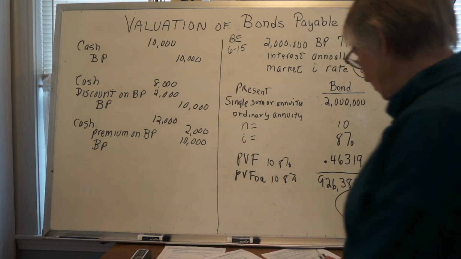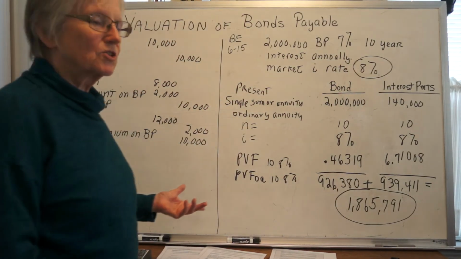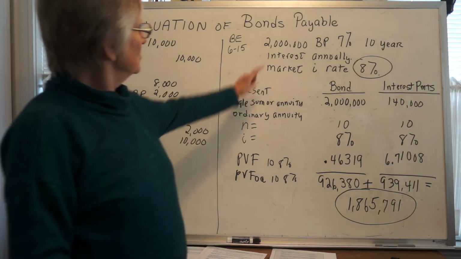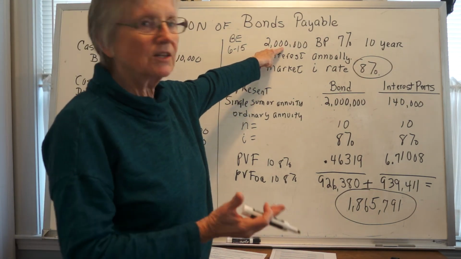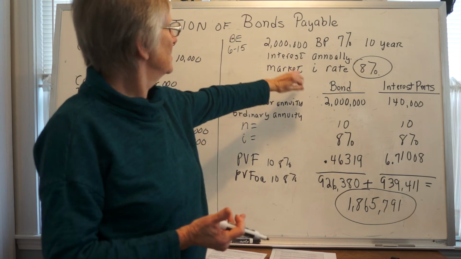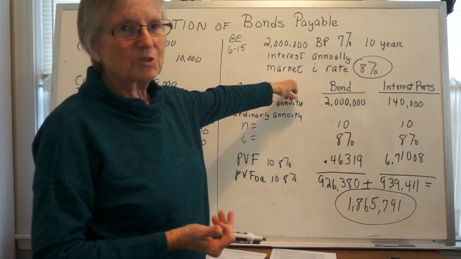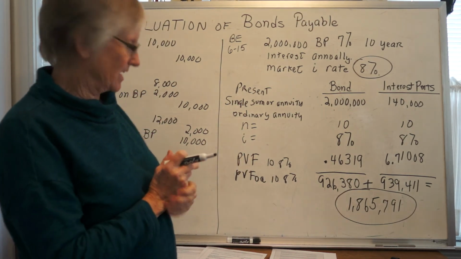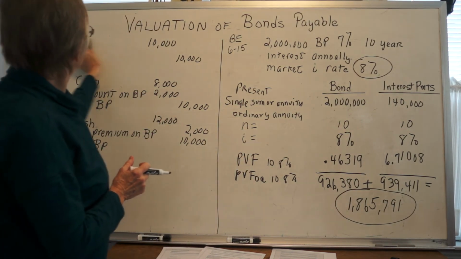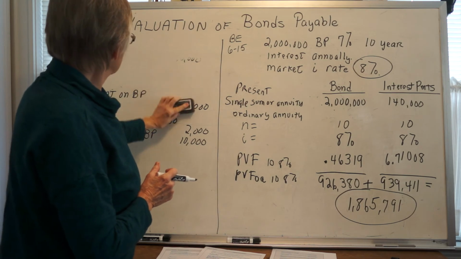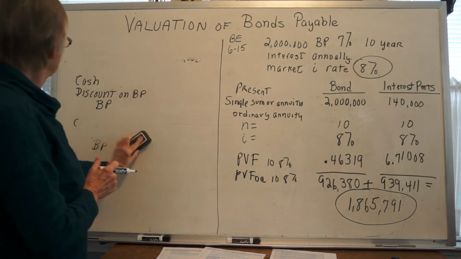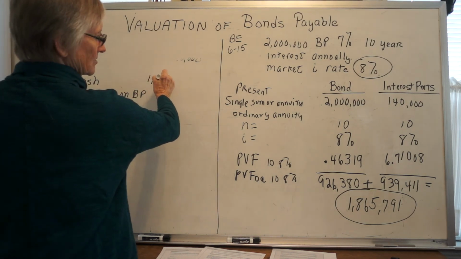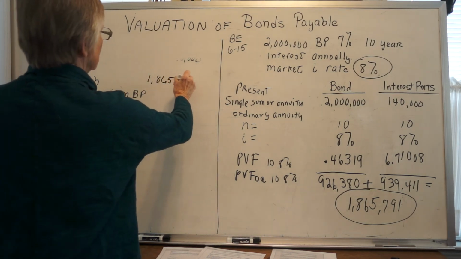So that answers the question, how much did we get when we issued this bond? And obviously, when you see that the stated interest rate on the bond that you're paying is 7, and the market rate for bonds of similar risk is 8, chances are you're going to be issuing your bonds at a discount, and that is the case. So our situation here would be, we would get the cash of 1,865,791.